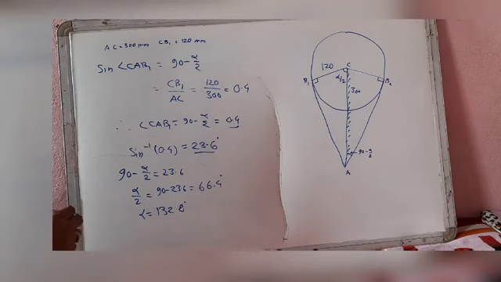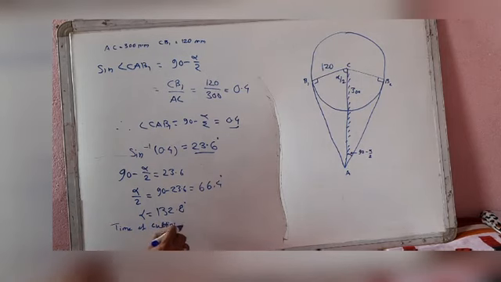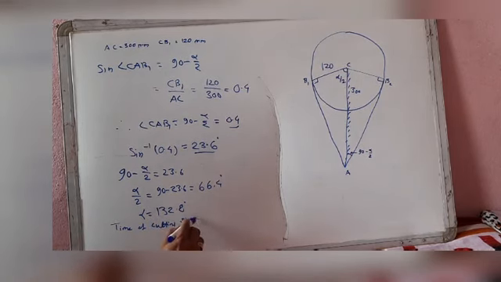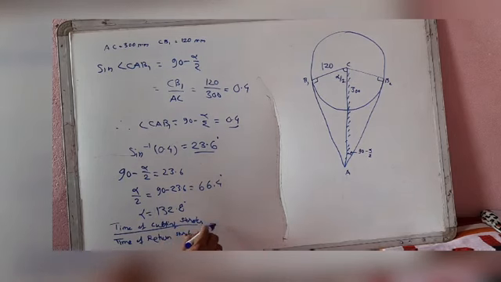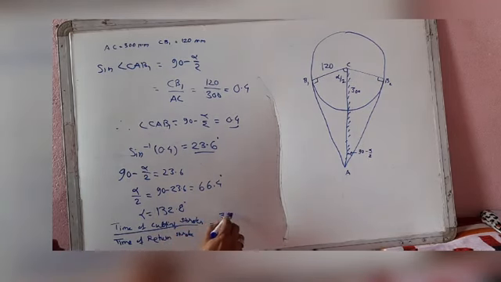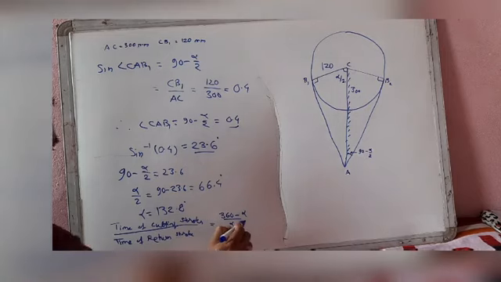As we know, time of cutting stroke by time of return stroke is equal to alpha by 360 minus alpha.